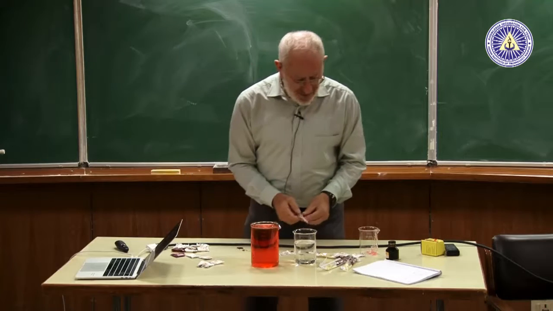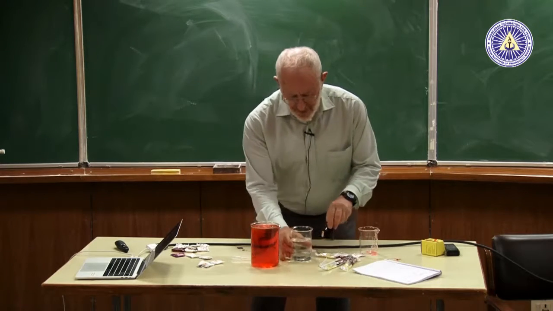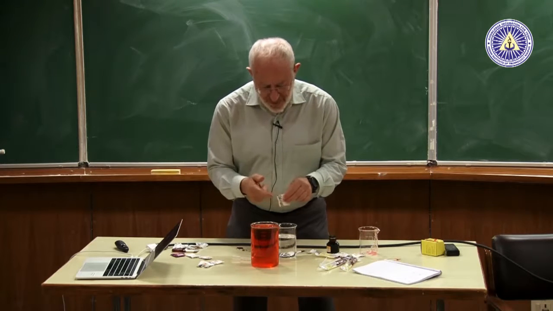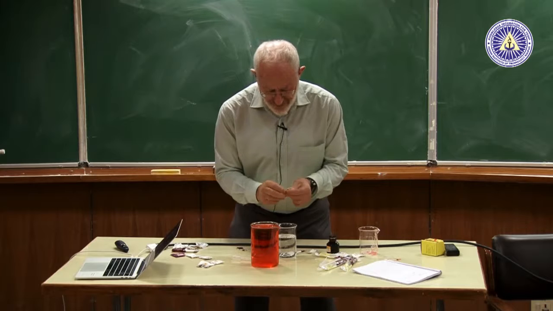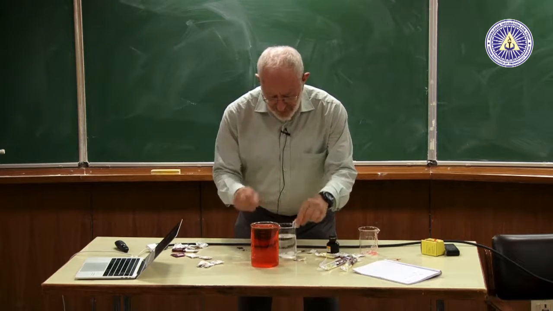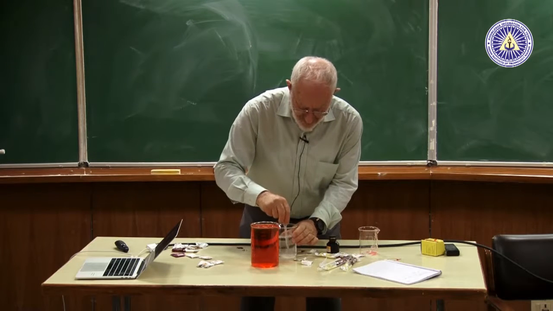And I'm going to see what happens. Now I might use some sugar. If I put in some heavy fluid, it should be heavier than the top but lighter than the bottom.